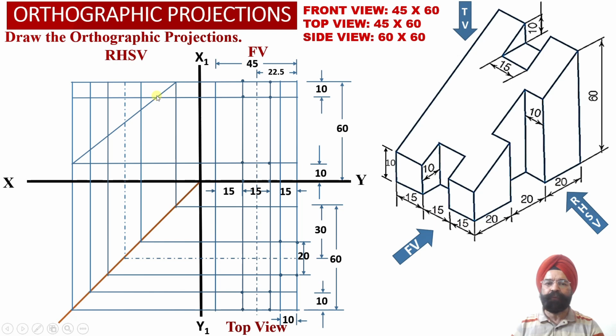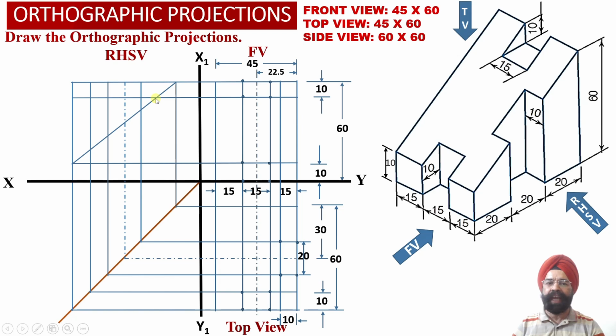So now what we usually do is find out the depth from the top view and then take those distances into the right hand side view over here. Now from the rear surface we can check. From the rear surface we have obtained the depth of this horizontal surface into the right hand side view.